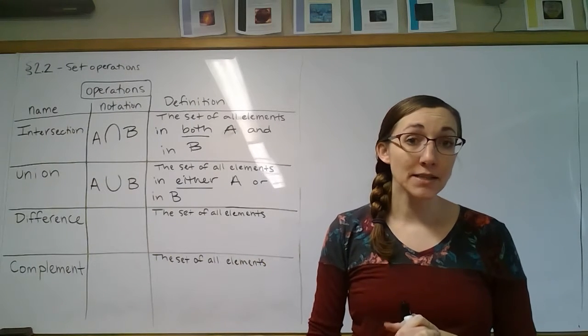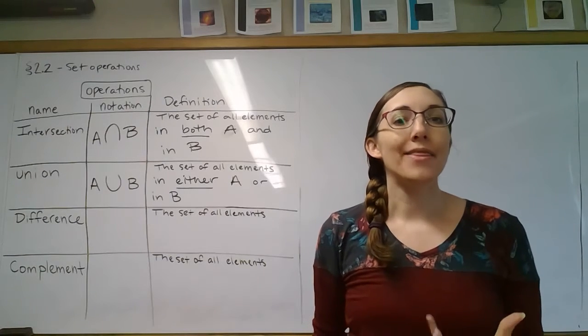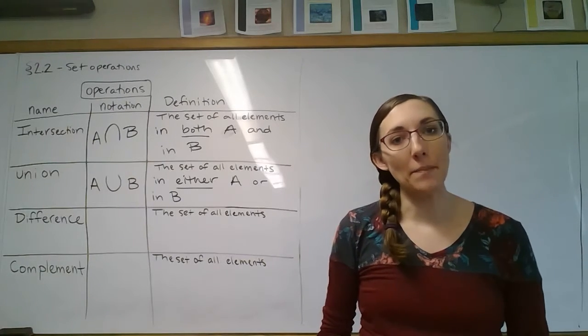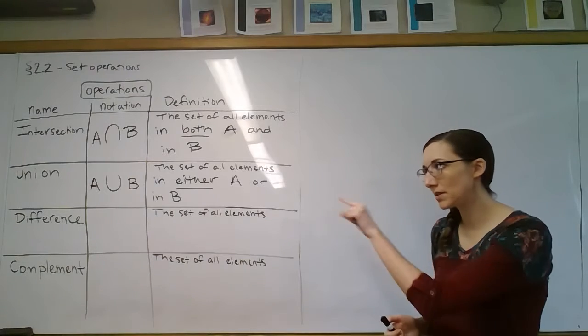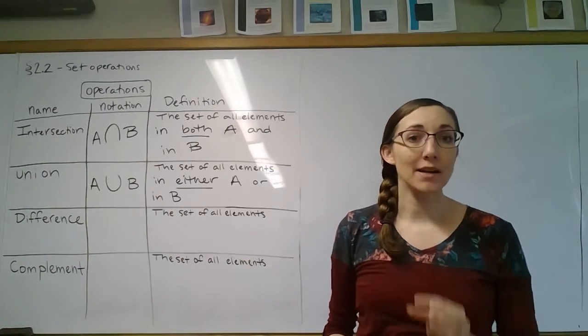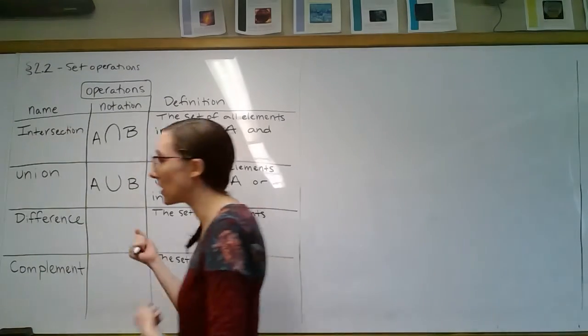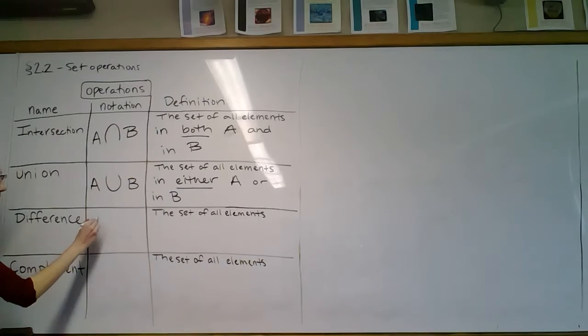Now a difference, if we think about that word, you might even think about the mathematical word difference. Might be the easiest way to help us connect to this idea, where a difference mathematically with numbers is a subtraction. It's kind of like the same concept here. We even use the same symbol.